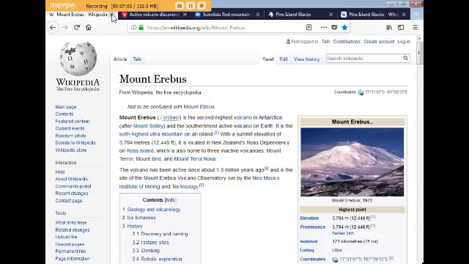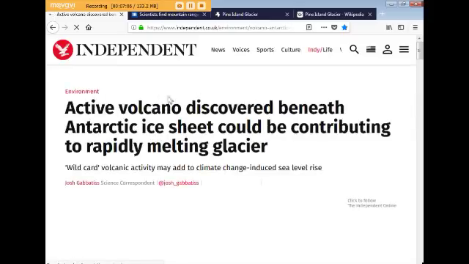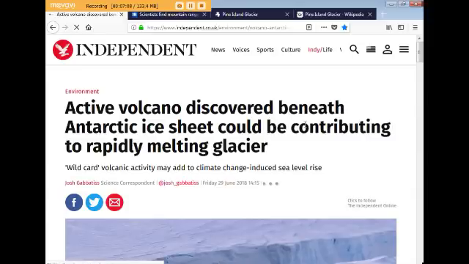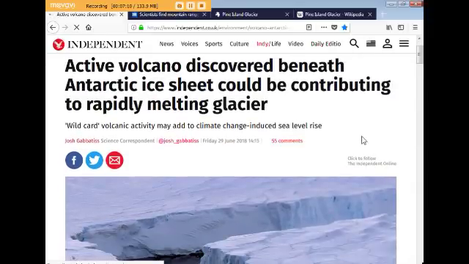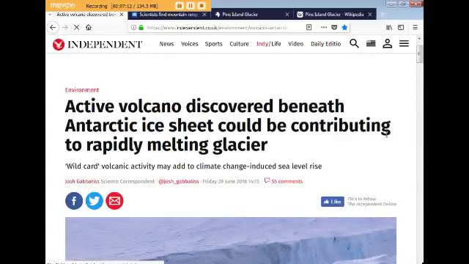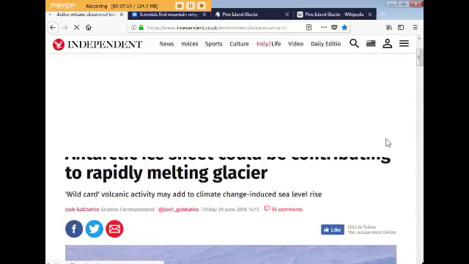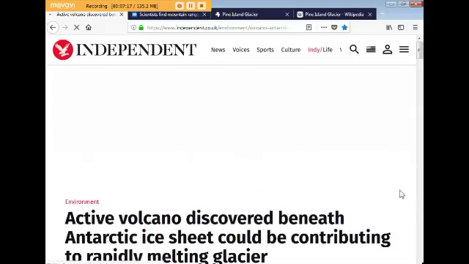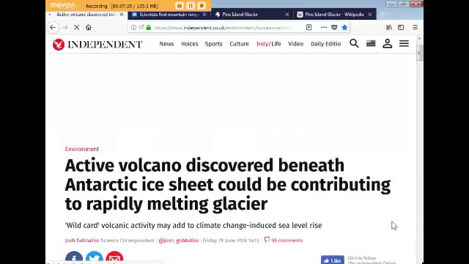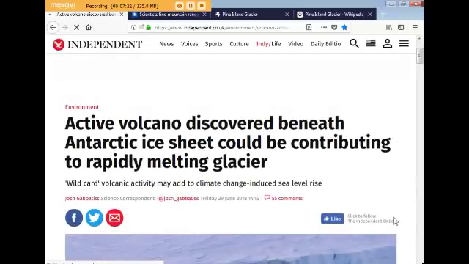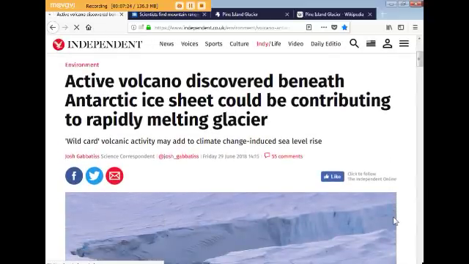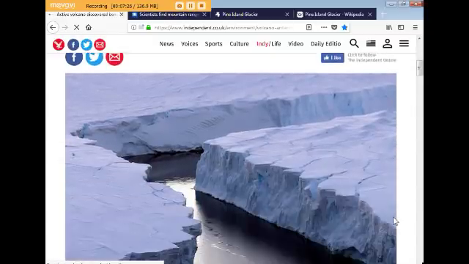Now I'm going to show you. We're going to get to cams in a minute, and we're going to bring all this together. I'm almost done. Here's another article from the Independent. Active volcano discovered beneath Antarctic ice sheet could be contributing to rapidly melting glacier.